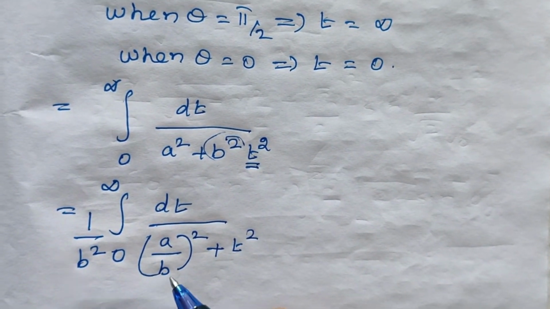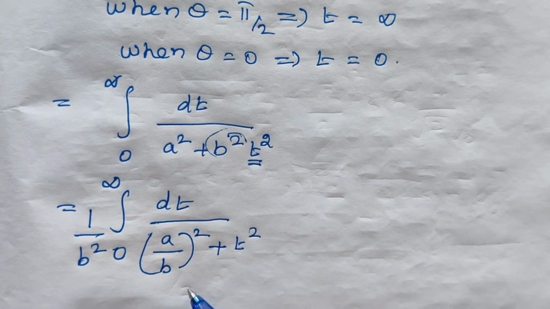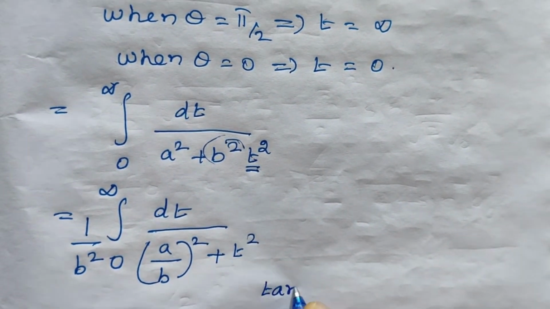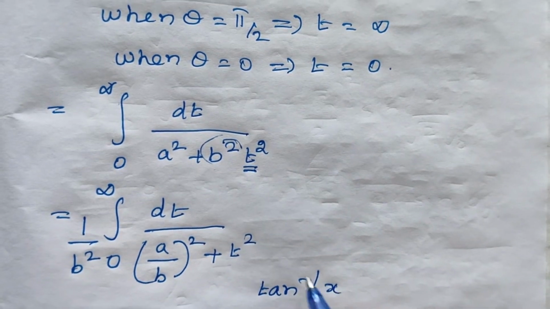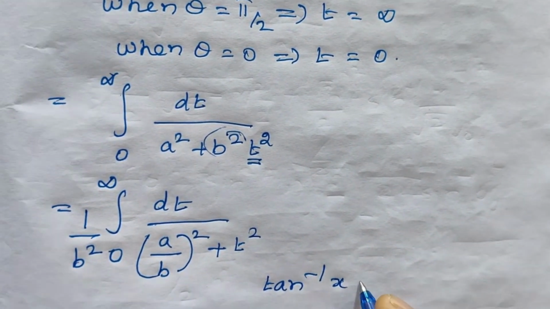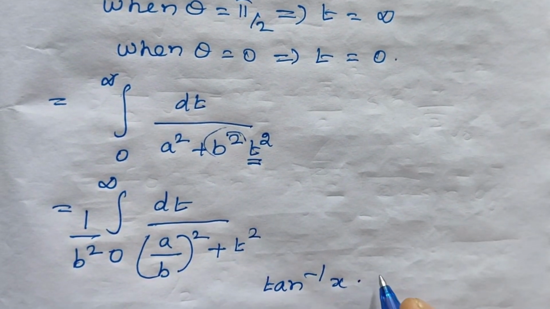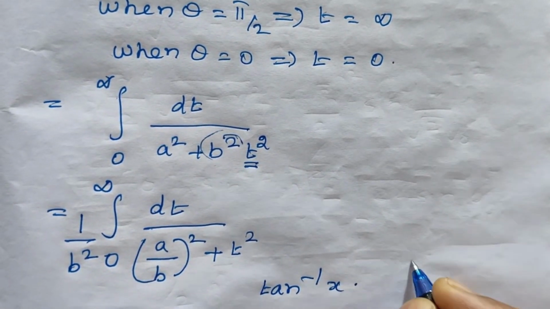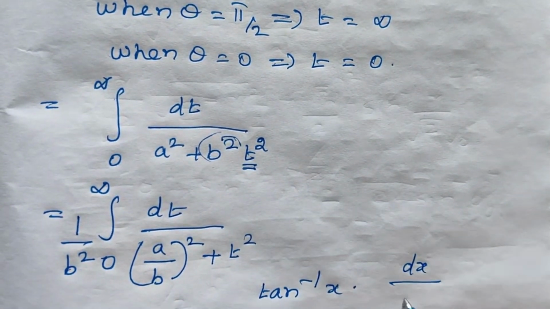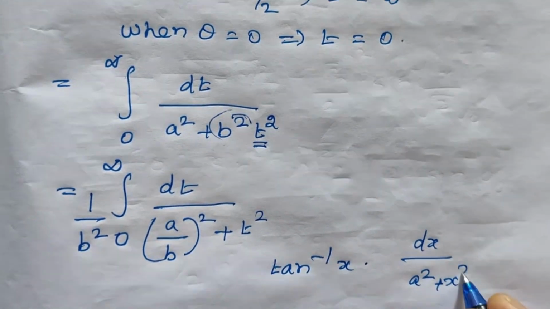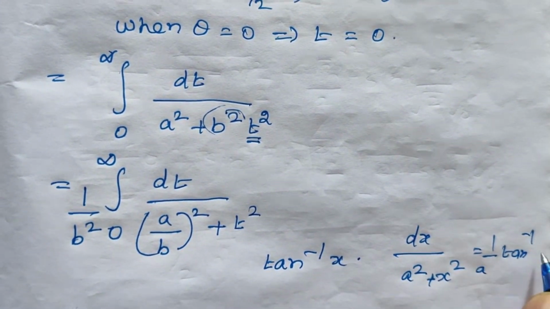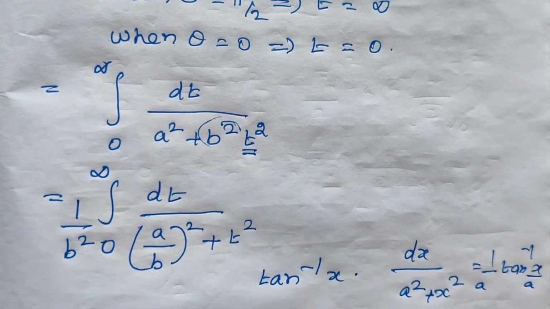Now here we are going to apply the tan inverse formula. What is the formula? The integral of dx by a square plus x square equals 1 by a tan inverse x by a. So we are going to use this formula.